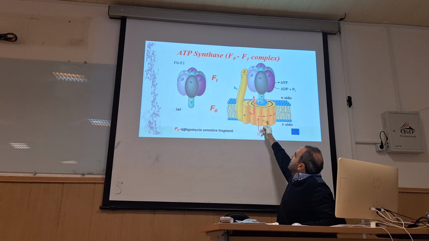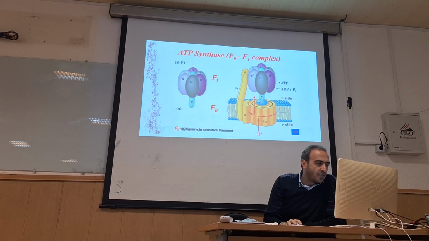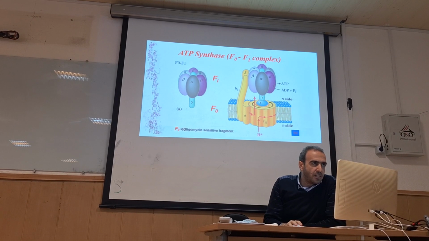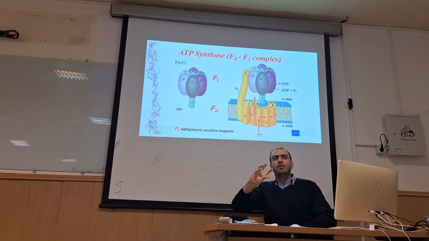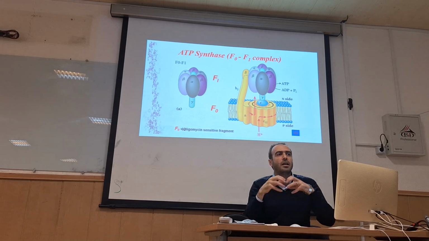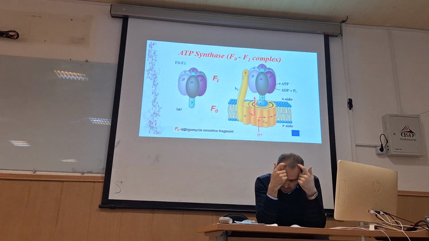These 12 C subunits together provide a channel. Then protons move from the intermembrane space to the matrix, and like a turbine, it turns and produces energy. The idea behind the turbine may actually be taken from this molecule inside the cells.